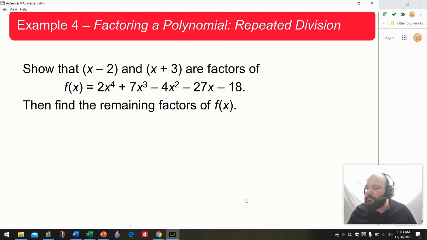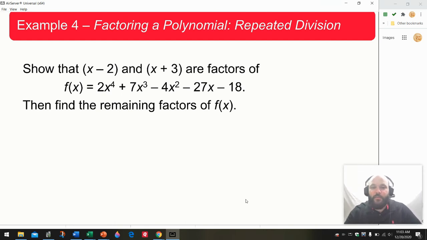So this next problem says, show that x minus 2 and x plus 3 are factors, and then find the remaining factors. So here we are, we're finally to where I've been telling you that we're going to be trying to break down these big polynomials. You can see this is an x to the 4th. And we have to break this all the way down to its linear building blocks.